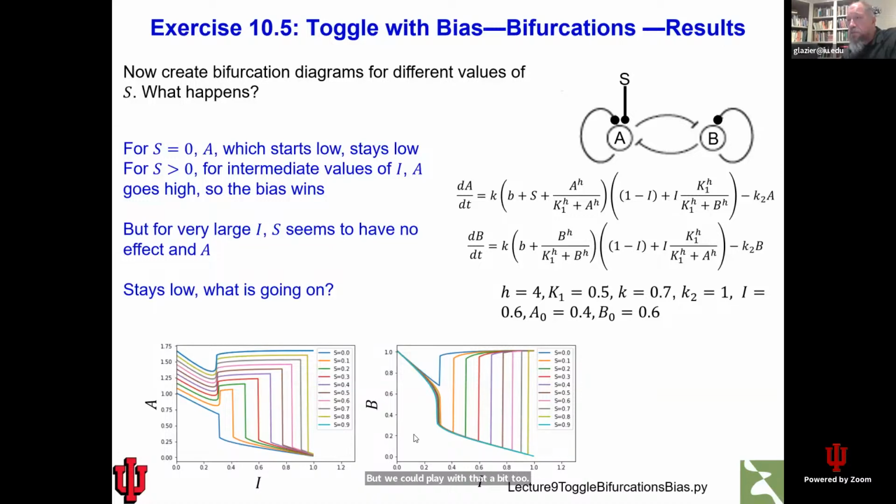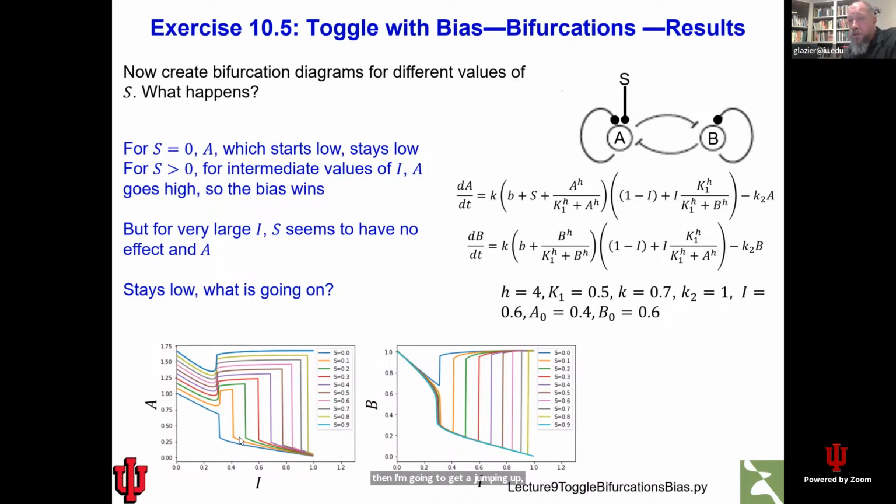So here I am starting with A0 equal to 0.4, which is under 0.6. And if S is 0, I'm going to stay on the lower branch. So that makes sense. If I make S bigger, then I'm going to get A jumping up, which makes sense.